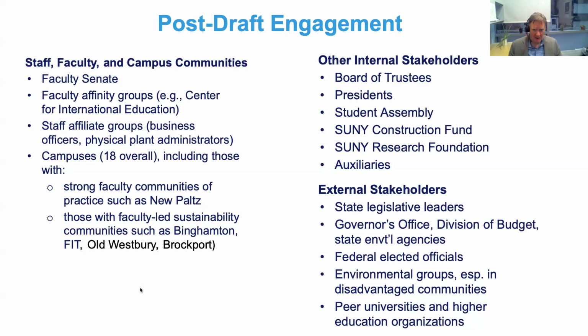and that was really, really helpful in terms of getting comments. In terms of staff, there are a number of affiliate groups that are actually quite strong, particularly because our system is so spread out. For example, we have actually 501(c)(3)s, standalone organizations, for our SUNY business officers and for our community college business officers.